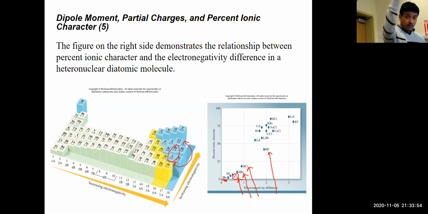So let's look from top to bottom. Here is the bond formed by lithium fluoride. Again, you can see it is mostly an ionic bond because the difference in electronegativity is almost 3. Even then, it's not completely 100% ionic. As a matter of fact, all of these bonds that are made by a non-metal and a metal are not 100% ionic.